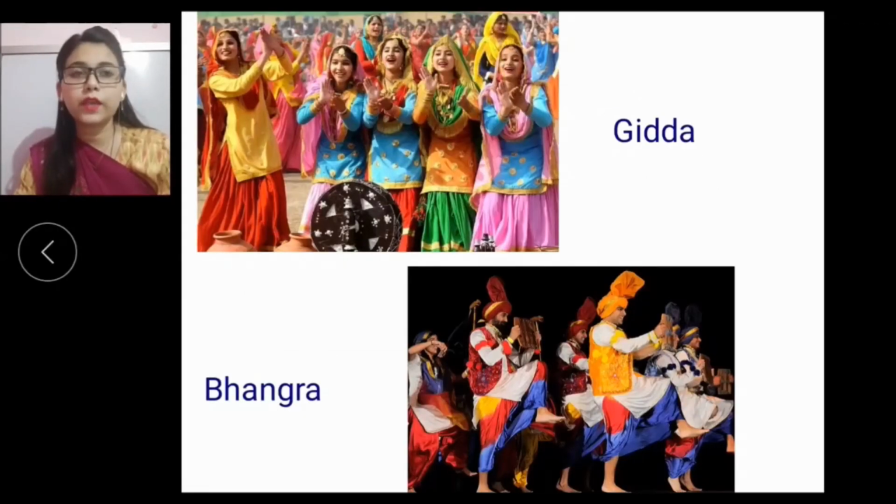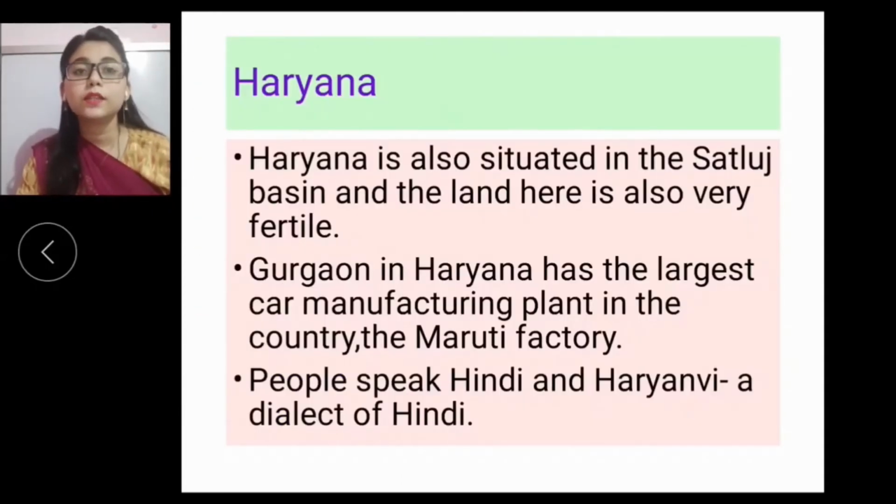So students, here you can see Gidda and here Bhangra. Gidda is the folk dance performed by the girls and here you can see the Bhangra, it is mainly performed by the boys. Let's come to this state, Haryana.